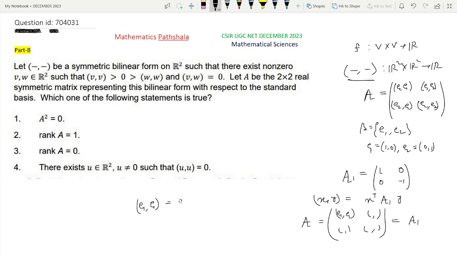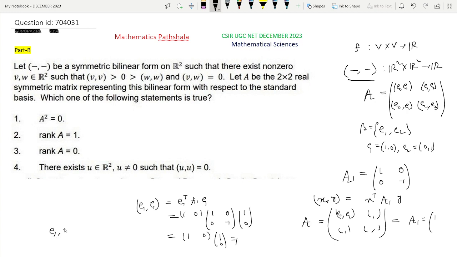This will be e1 transpose A1 e1. So this is (1 0) transpose, the column vector (1,0), times A1, which is (1 0; 0 -1), times (1,0). This gives 1, so it will be 1 here.